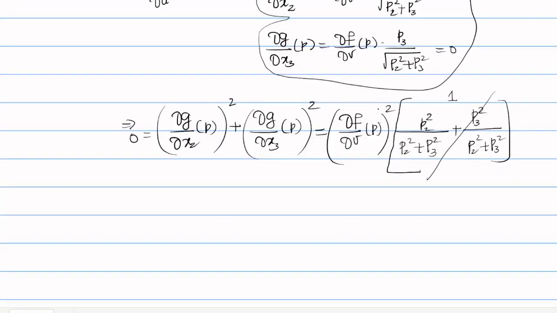அப்போ this implies that dou f by dou v at the point P is going to be equal to 0. இதனுடைய square.